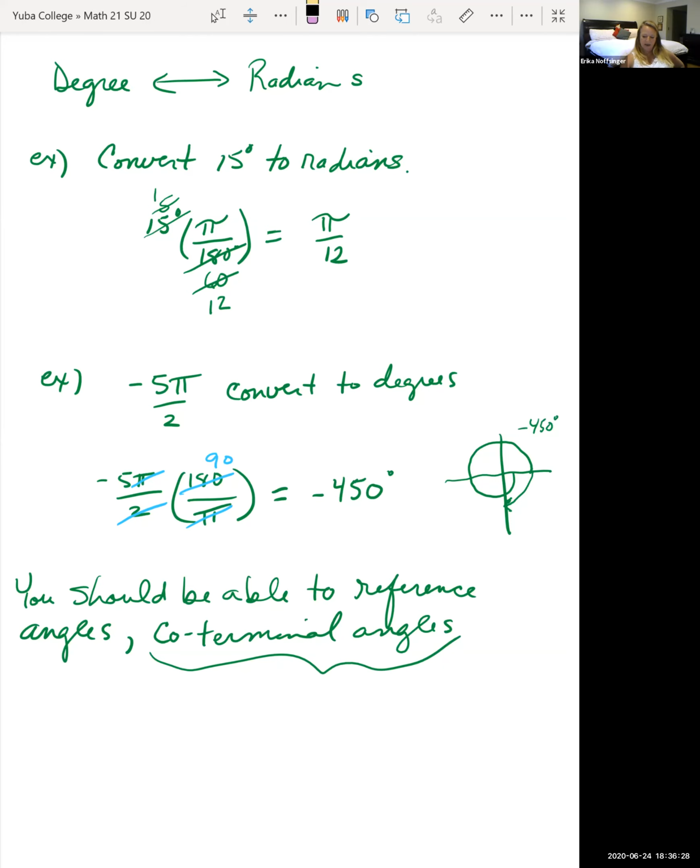For instance, if I wanted a coterminal angle of negative 450, one of them would be, if I went clockwise, just 90 degrees. So negative 90 degrees in this case is a coterminal angle.